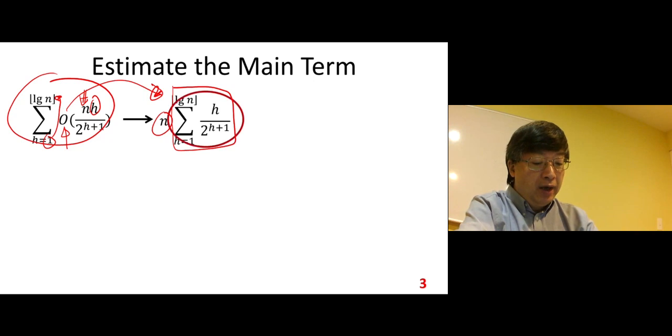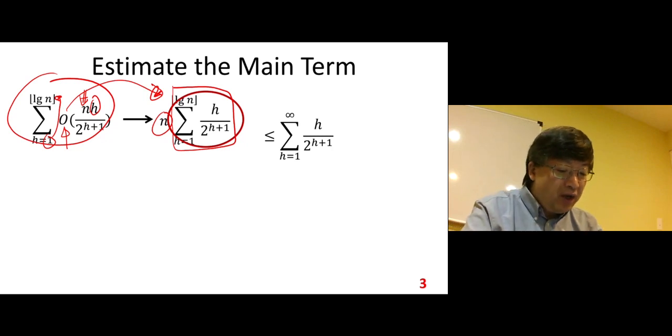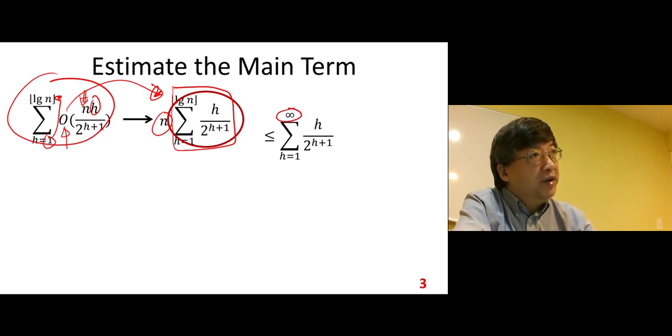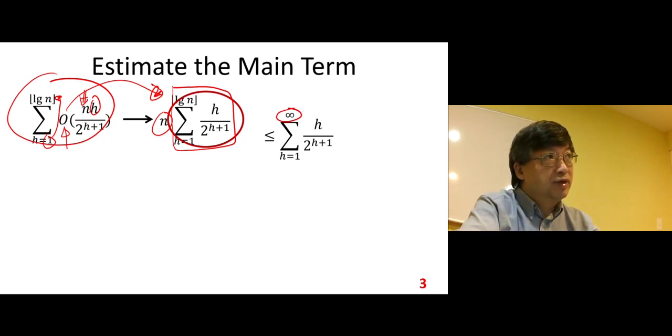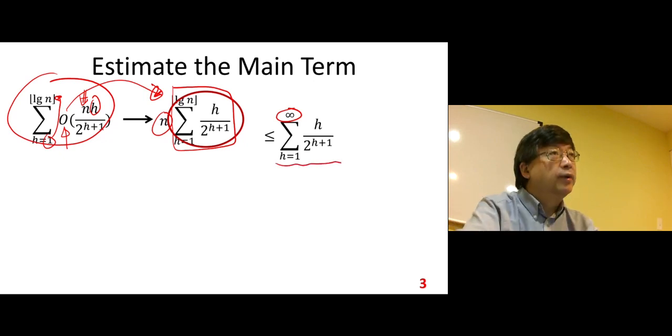So now let's estimate this expression. To estimate this summation, we enlarge it a little bit. We allow the number of terms to go to infinity, so we use more terms and get a larger number here.